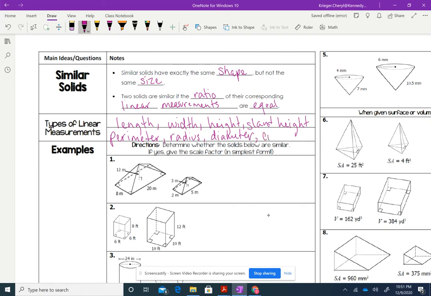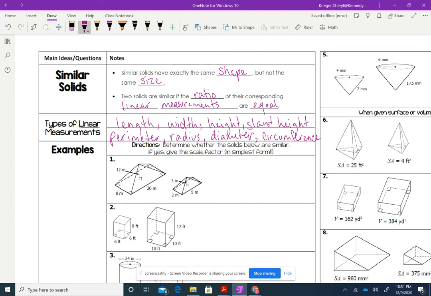Things like the circumference, right? The perimeter of a circle. Those are just some examples of linear measurements. It's linear. That means that the units are to the first power, right? So meter, not meters squared.